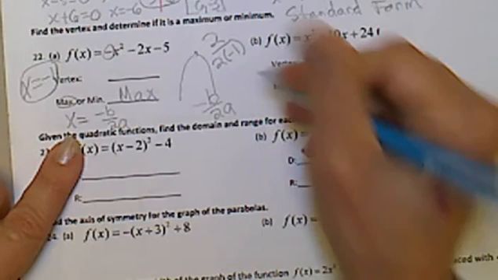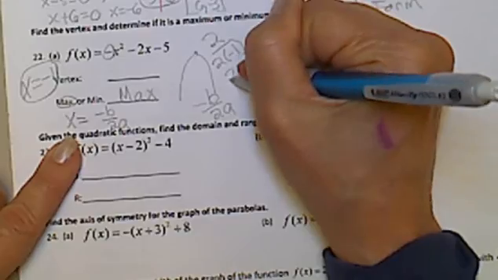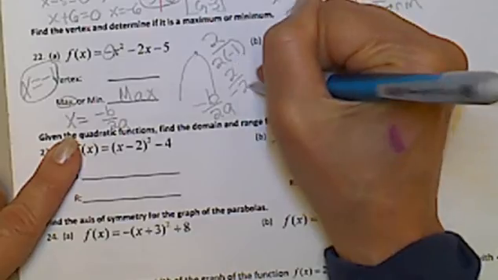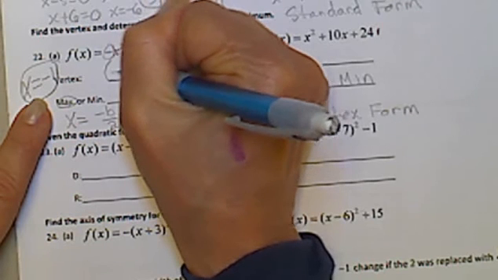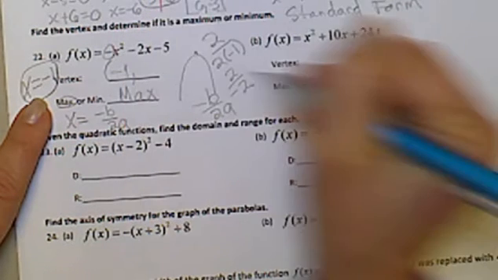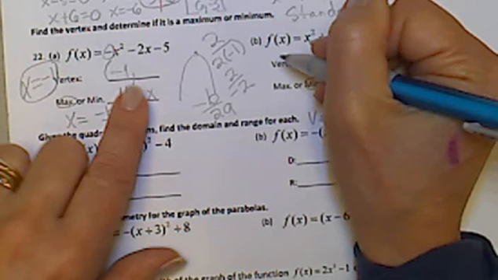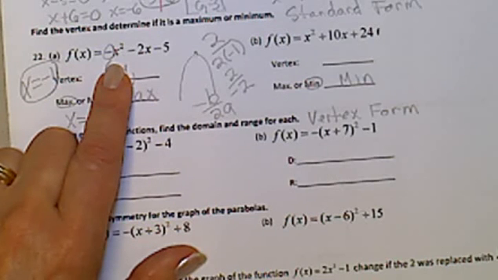All right? Because we have 2 over negative 2, and x will be equal to negative 1. So we have our first component of our vertex, all right? And then we put this back in to the equation, okay?